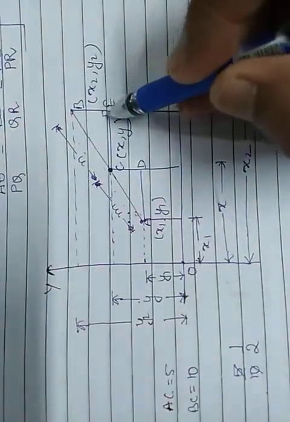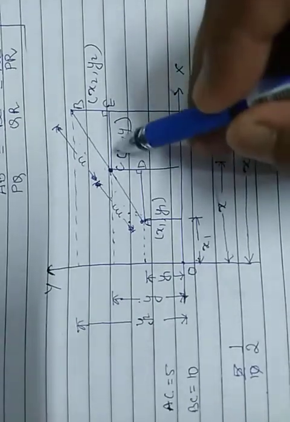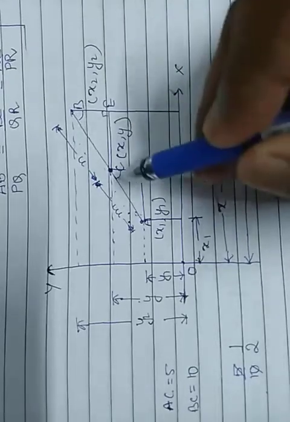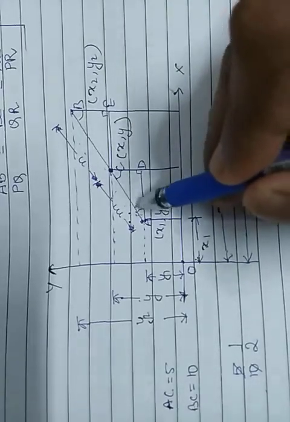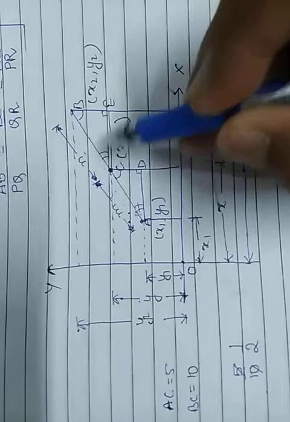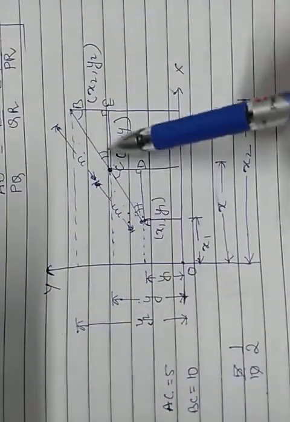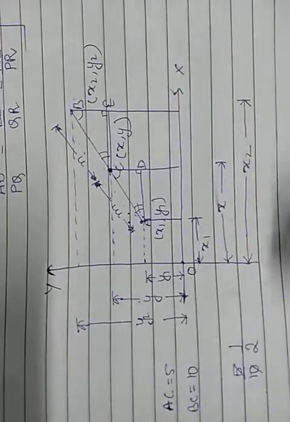As this angle is 90 degrees, this is also 90 degrees. As the two lines are parallel, obviously this angle is equal to this one, and this angle is equal to this one. So the two triangles ACD and CBE are similar.